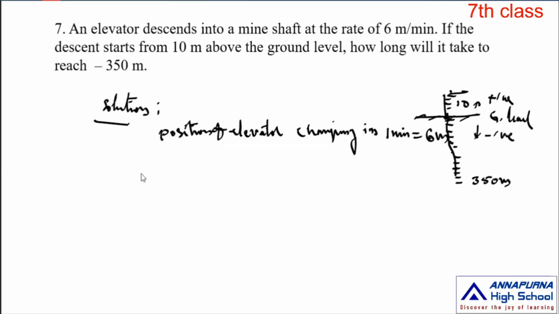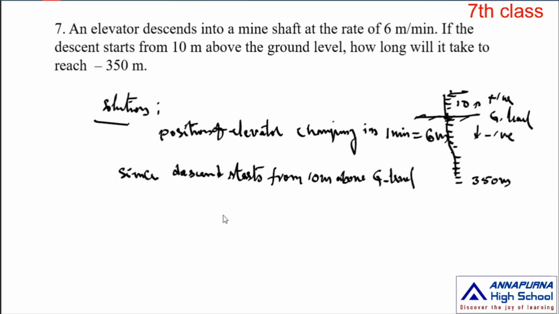Did you understand? So let me write the same thing. Since the descent starts from 10 meters above ground level, that can be represented by a positive integer.